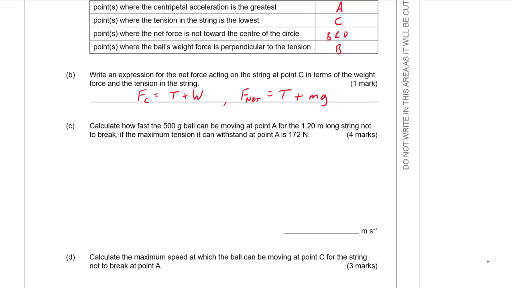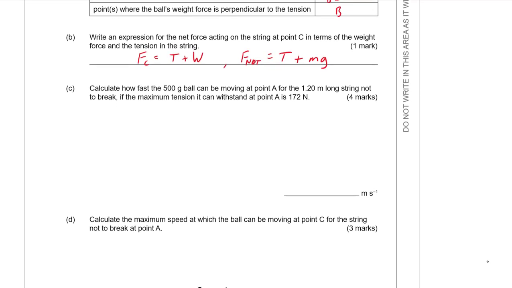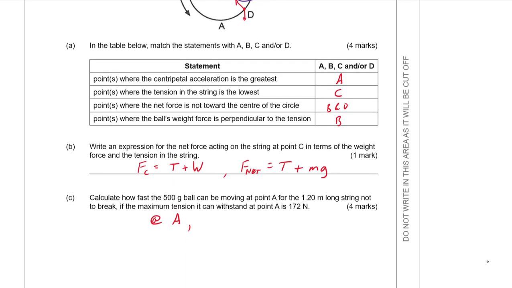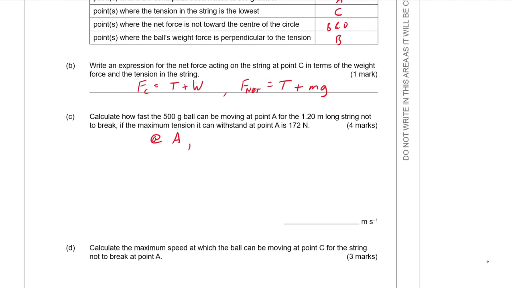Part C is calculate how fast the 500 gram ball can be moving at point A for the 1.2 meter long string not to break. It's giving you a maximum tension there. So at A, if I scroll up, you can see at the bottom is where you'd have the maximum amount of reaction force. So that's where you would have the tension being the sum of mg plus the centripetal force, which is mv squared on r.